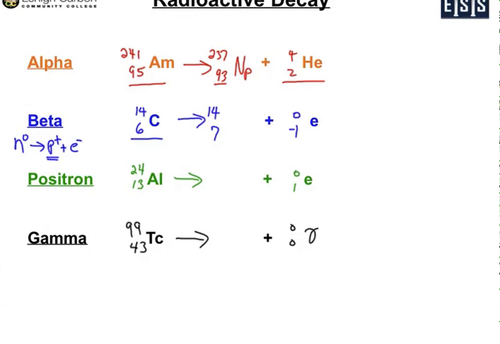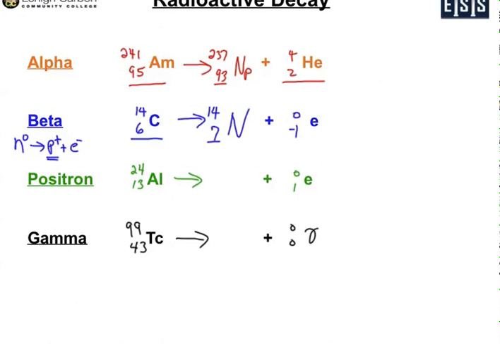All you did is change a neutron to a proton. Overall, the sum is going to stay at 14, and your electron's going to go off. Now that your atomic number is 7, we now have nitrogen. So the new element formed is nitrogen, and an electron is released from the nucleus.